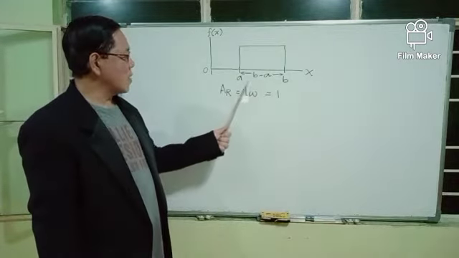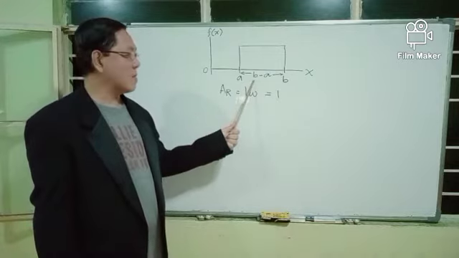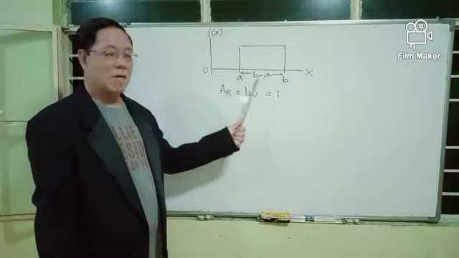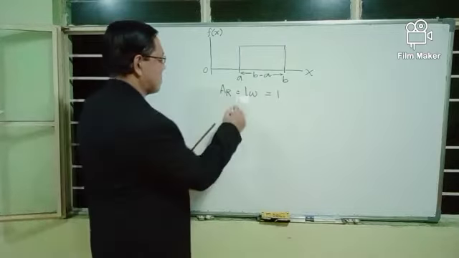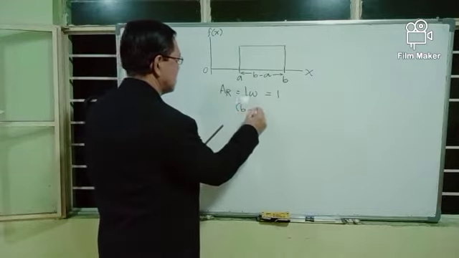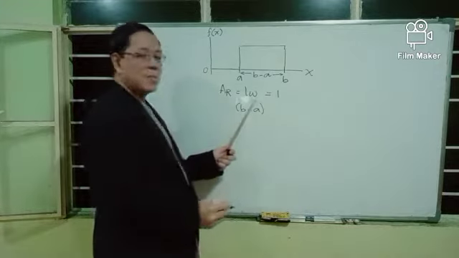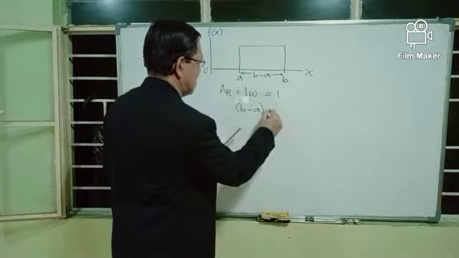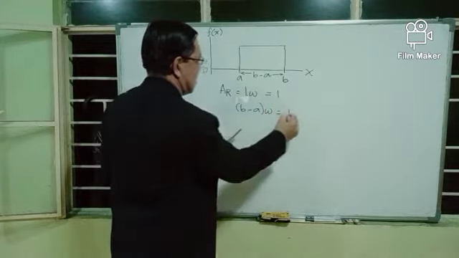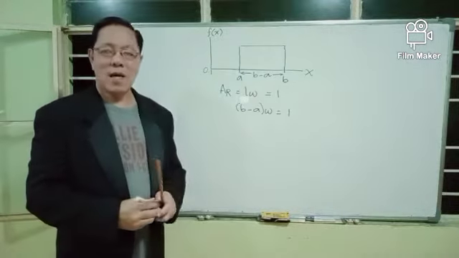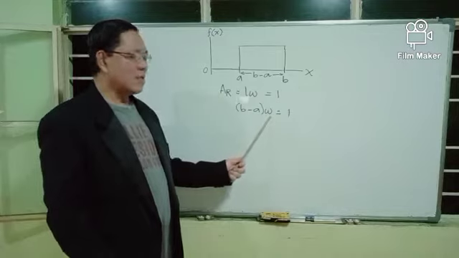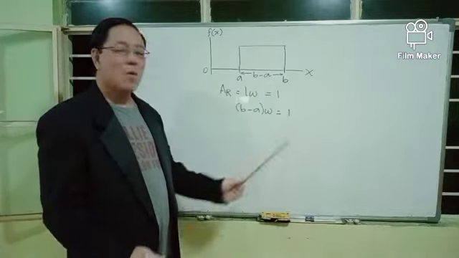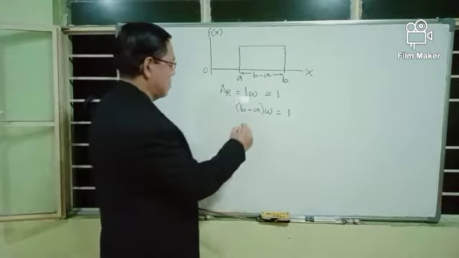The length, as we have shown in this diagram, is equal to b minus a, multiplied by the width, is equal to 1. And dividing both sides by b minus a, we get w is equal to 1 over b minus a.